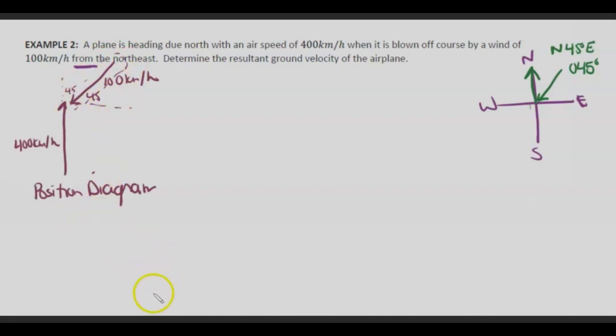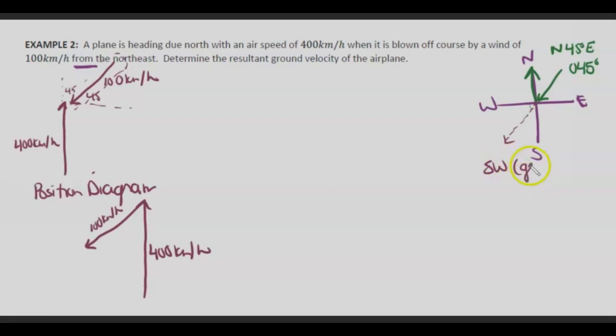So let's draw it down here. I'm going to go 400 kilometers per hour north, and then I'm going to draw this one, 100 kilometers per hour from the northeast. From the northeast means that we're actually going southwest, going in that direction.